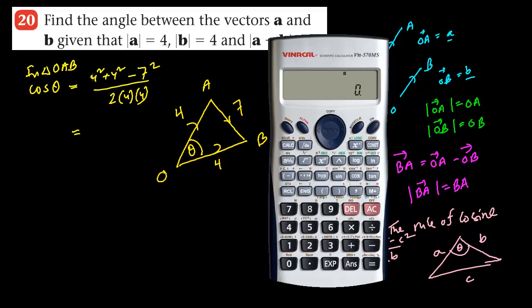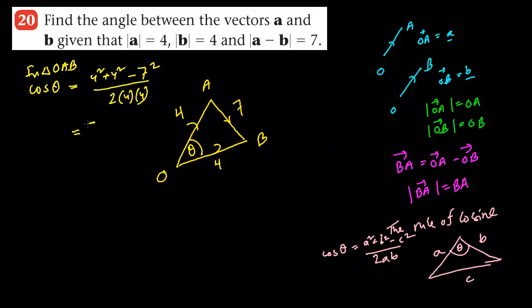So 4 squared is 16 plus 4 squared is 16. 16 plus 16 is 32, minus 7 squared is 49. So that's minus 17. Minus 17 divided by 2 4s are 8, 8 4s are 32, so minus 17 by 32.